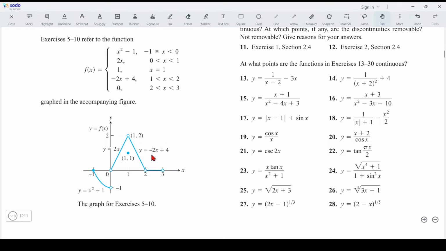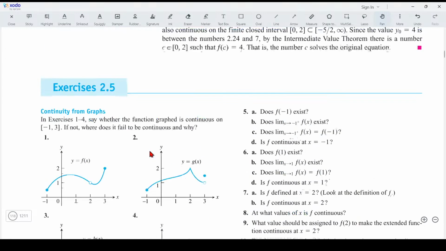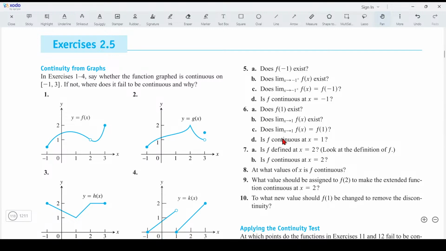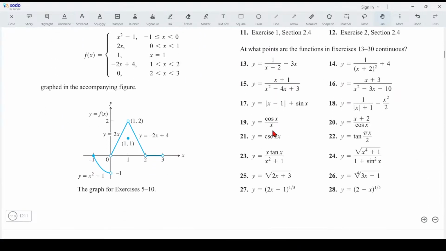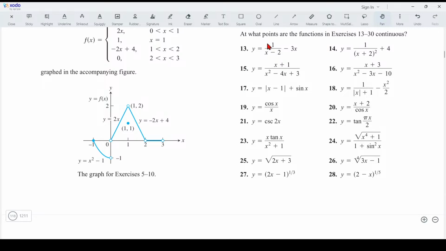These questions you can answer. Where does the continuity break here? When x equals 2, the function is not even defined. At x equals minus 2, it will break, right? If you factorize this, probably you will find something. Here also, if you factorize this, you will find something.